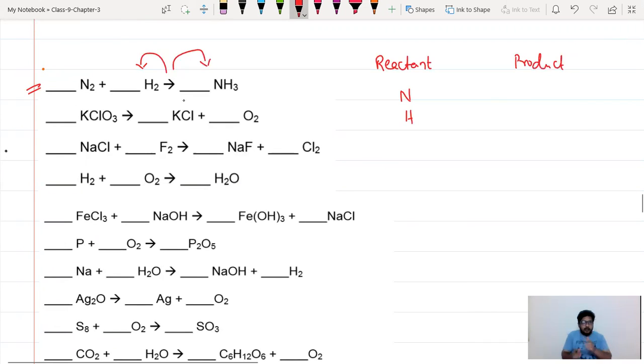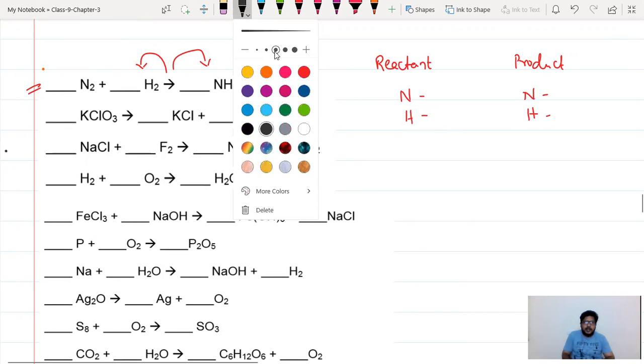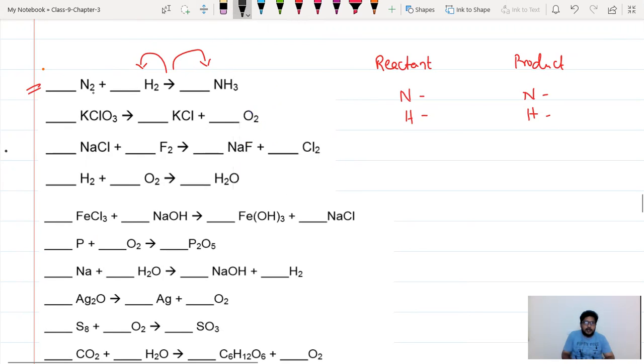After the arrow, what products are there? Again, you have to take individual atoms. Now in NH3, what atoms are there? Nitrogen, hydrogen. Simply put, the atoms you have written on the reactant side, the same will be repeated on the product side. Now try to count. How many nitrogens on the reactant side? When any number is given as a subscript, that total should be given.